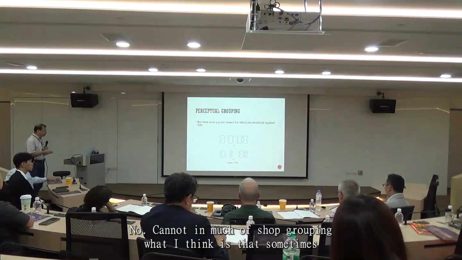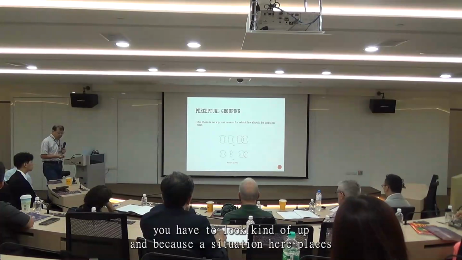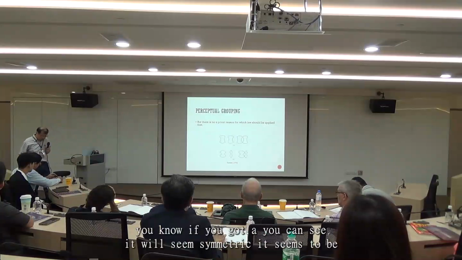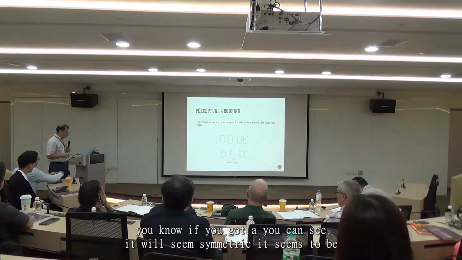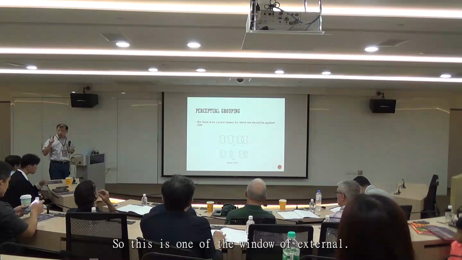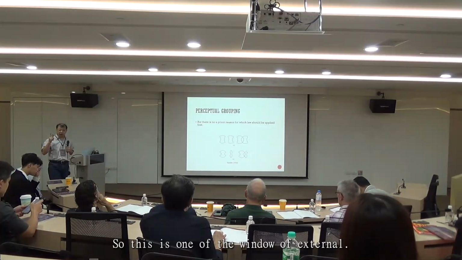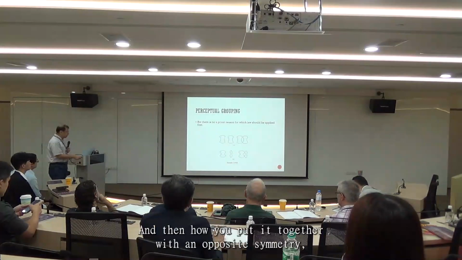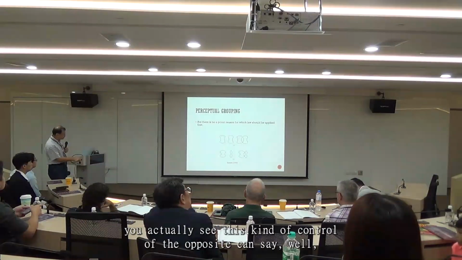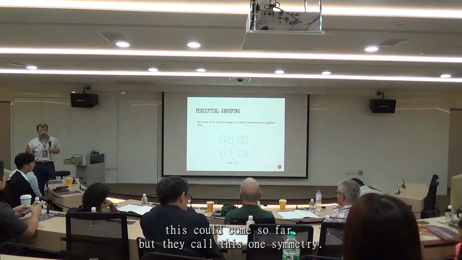One thing here is that sometimes there are ambiguous situations. For instance, in figure A, you can see two symmetric patterns, right? Symmetry is very important. This is one fundamental Gestalt law. But when you put them together, you don't notice the symmetry. You actually see this kind of contour here. Of course, you can say, well, that's good continuity so far.